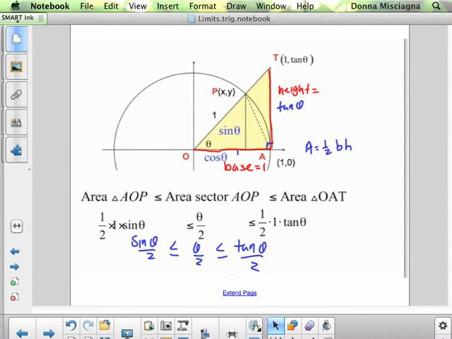So now we've got the makings here of a sandwich theorem, because we've got 3 functions: sine theta divided by 2, theta divided by 2, and tangent theta divided by 2, wherein that middle one, theta divided by 2, is greater than or equal to the smaller one, sine theta divided by 2, and less than or equal to the larger function, tangent theta divided by 2.